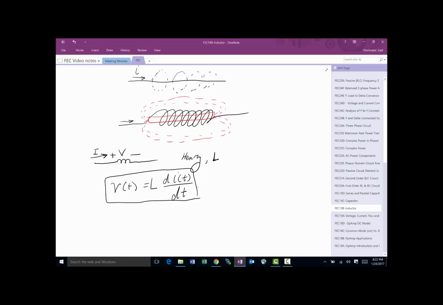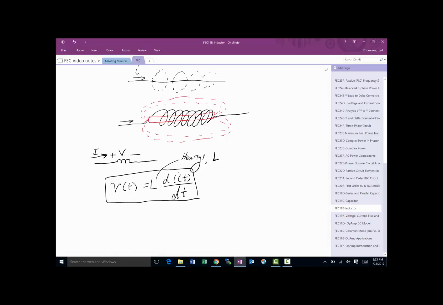Of course, current, as always, is going to be in amps. Units of voltage would be in volts, and inductance would be in Henrys, represented by L. Okay, so that's a relationship we need to have.